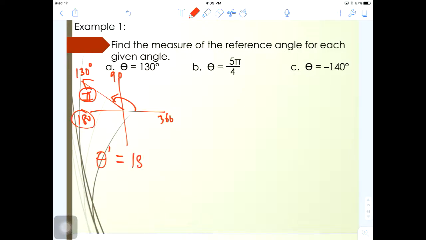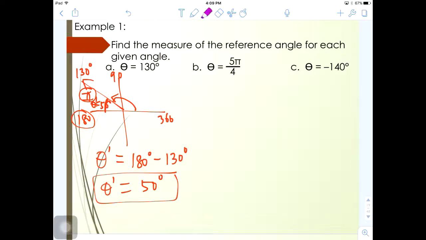So 180 is bigger, minus the smaller one, 130. Therefore, the reference angle is 50 degrees. What we're saying is, hey, you are only 50 degrees away from 180. So that's why the reference angle is 50 degrees. So here is the reference angle. All right, and that's the end of that problem.